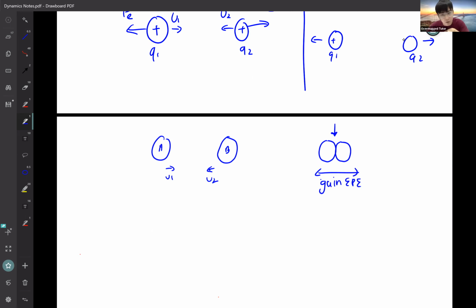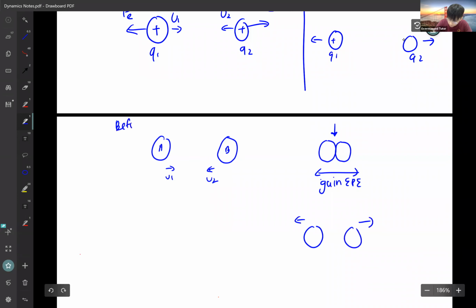It's converted into some other form. Finally, once they begin to separate, the EPE is converted back into KE, and then the collision is considered elastic. So this is before collision, this is during collision, and this is after collision.